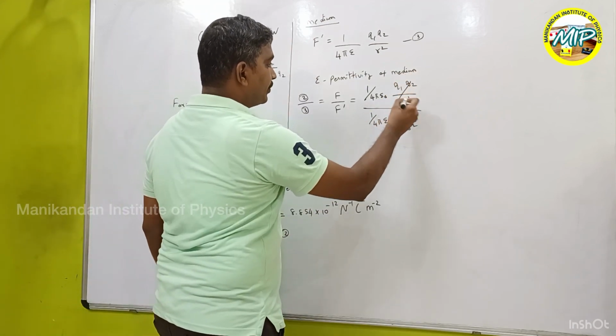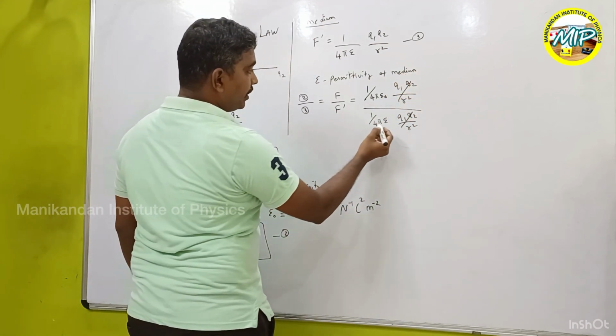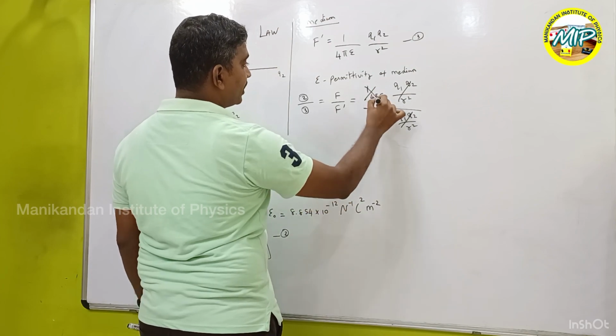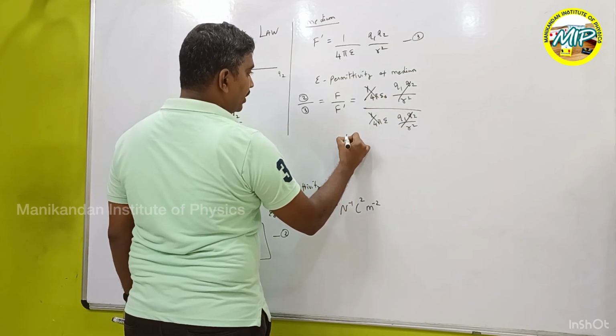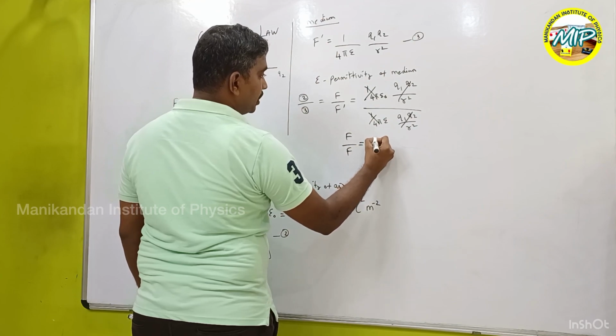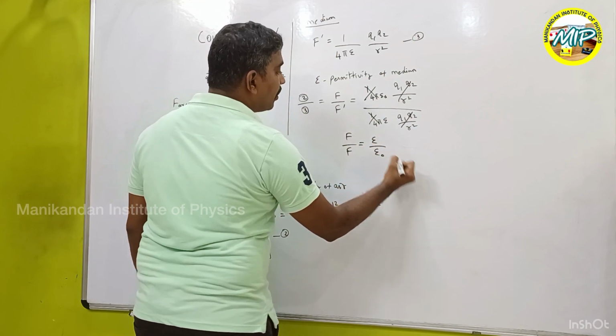So this term and this term get cancelled, and 1 by 4 pi and 1 by 4 pi get cancelled. This will become F by F prime equals epsilon by epsilon naught.